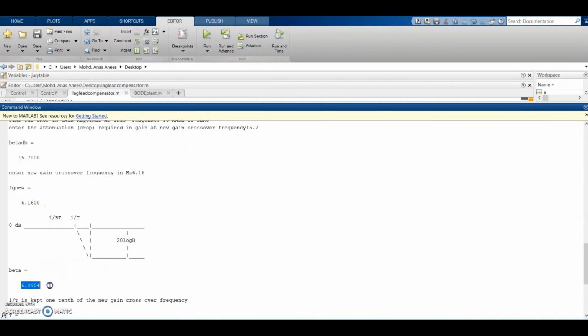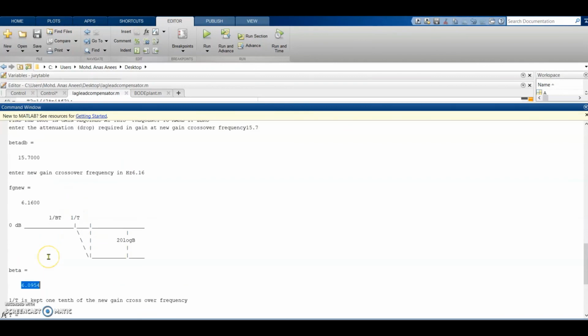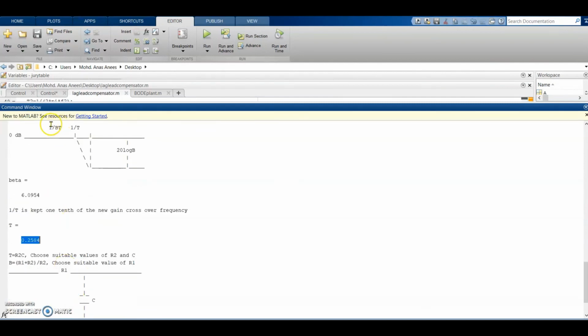So from here we found beta, and this is our new gain crossover frequency. 1/10 of the new gain crossover frequency, as discussed. Our gain crossover frequency was 6.16, so 1/10 of this will be 0.616, and 1 by T will be 0.2584, and similarly you can calculate 1 by beta T.